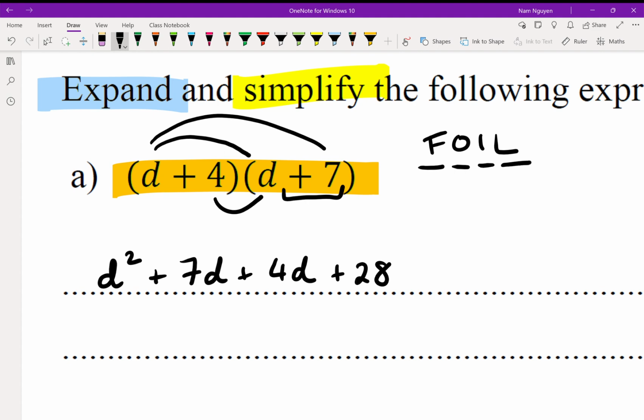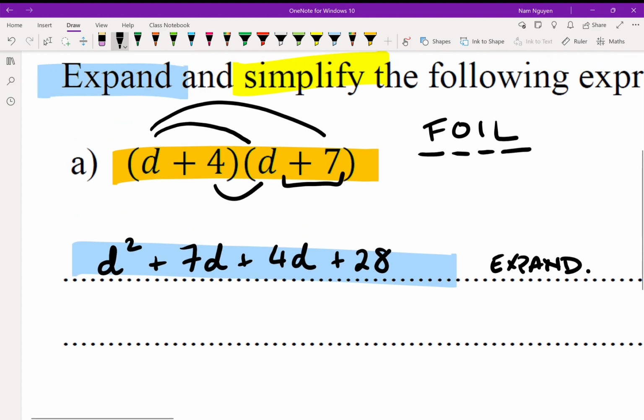What we've just done there, so I'll highlight it in the same color, is we've expanded. Okay? Now, we simplify if possible, and we can because simplifying is about reducing how many things there are there if possible. Or abbreviating, or reducing.